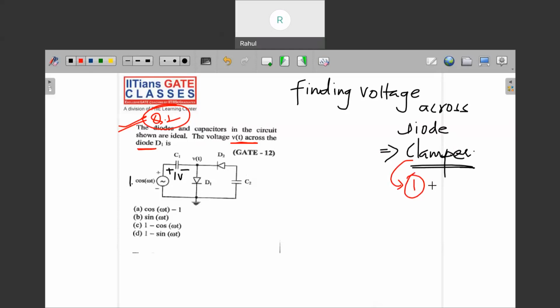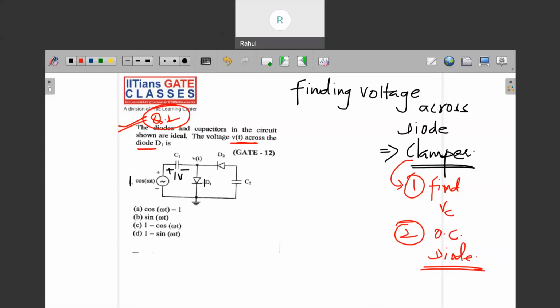The first step is to find the voltage across this, find Vc, and second, open circuit the diode and find the output. So this is 1 cos omega t. Initially your diode will be on and your capacitor will charge up to 1 volt.